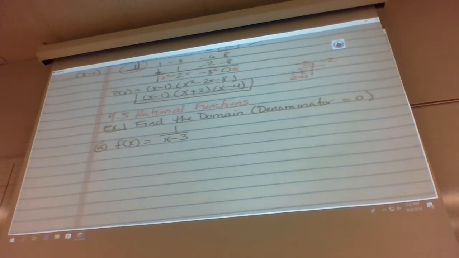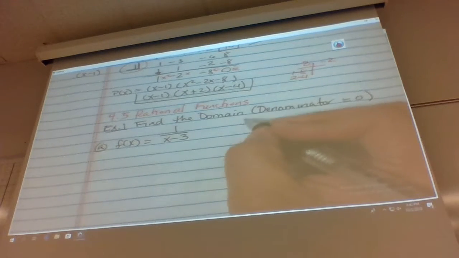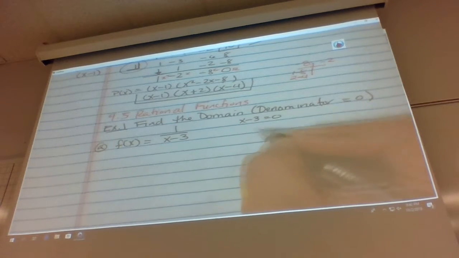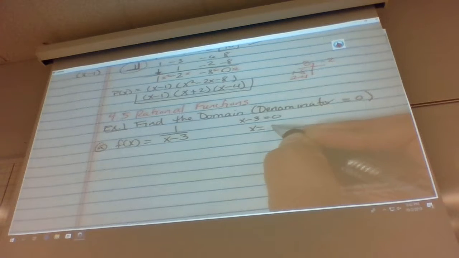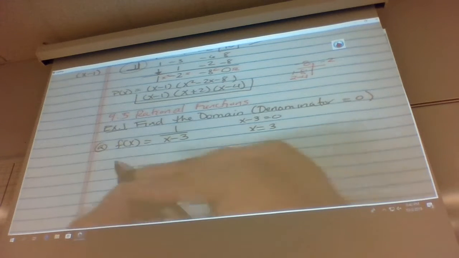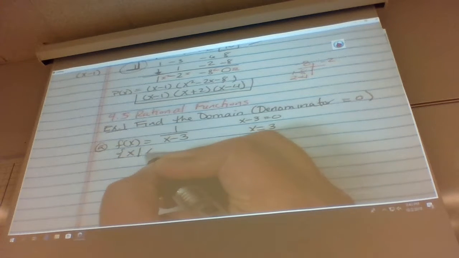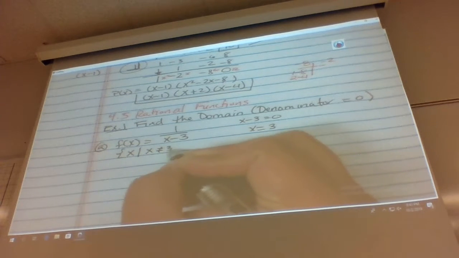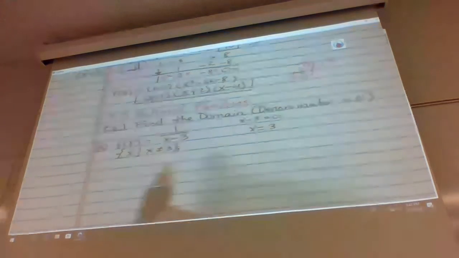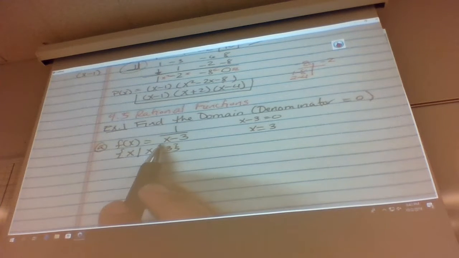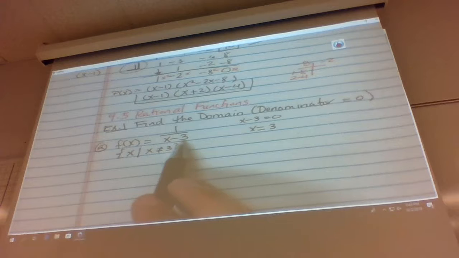But your domain, remember, we have to say x does not equal 3. Because what would happen if this is a 3? It'll be 0. And 1 over 0 is not a real number, it's undefined, you can't do it. Or, remember when we had to write this in interval notation?